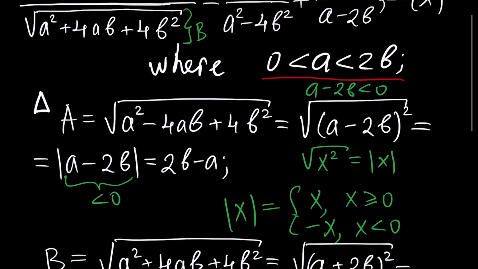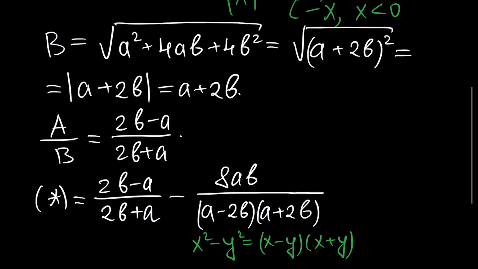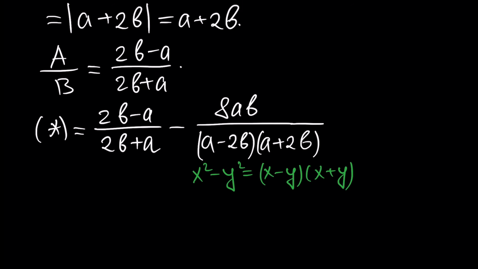Next, we rewrite the third term of our problem: plus 2b over a minus 2b.